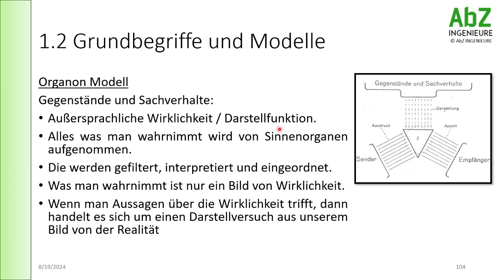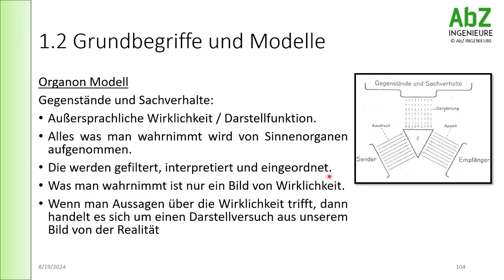Außersprachliche Wirklichkeit or Darstellfunktion. So this Gegenstand or Sachverhalt mainly gives a representing functionality. It is used for representing the communication. What is taken as communication aspect is being represented via this Gegenstand and Sachverhalt, and it will be interpreted by the sensory organs of the Empfänger.